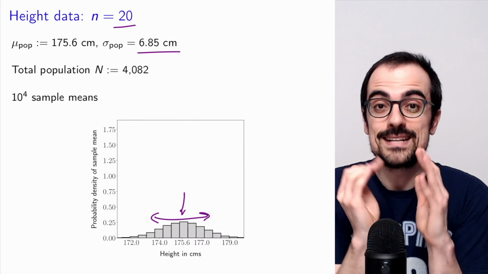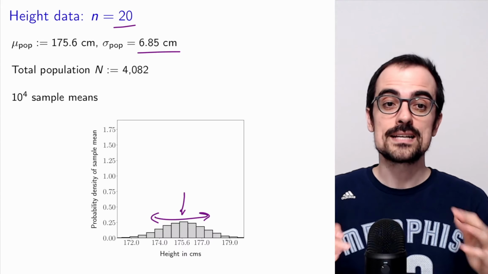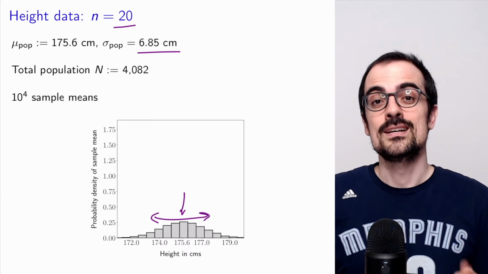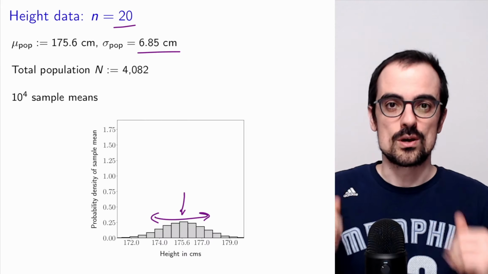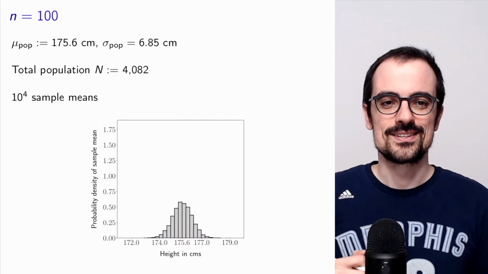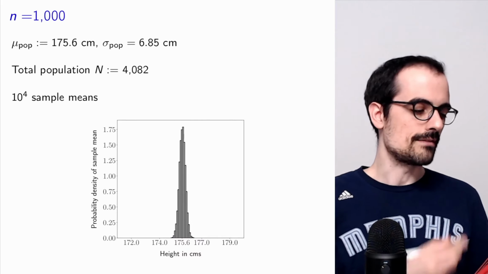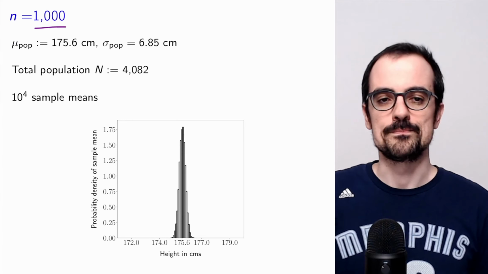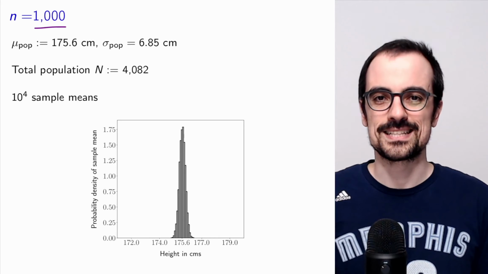It will remain centered at the population mean because we know that the estimator is unbiased. And now we also know that the standard error is going to decrease with square root of n. So as we increase n, it becomes more and more concentrated around the population mean. When we have 1,000 measurements, it's already very concentrated around the population mean, as predicted by our result.